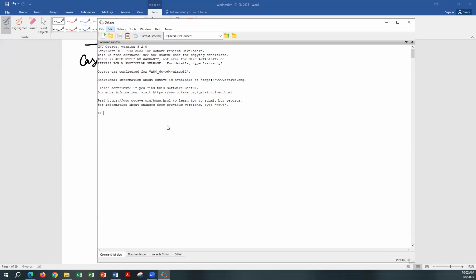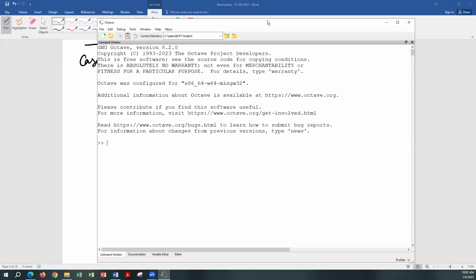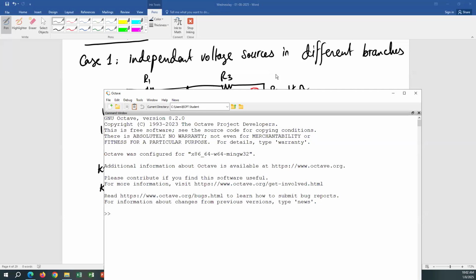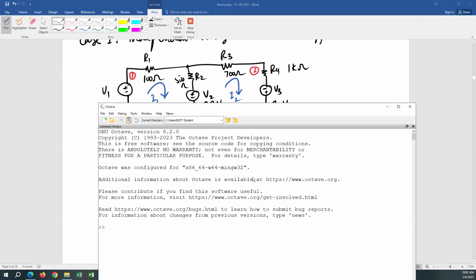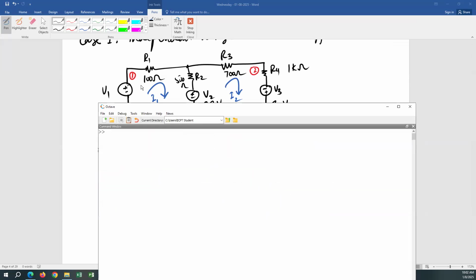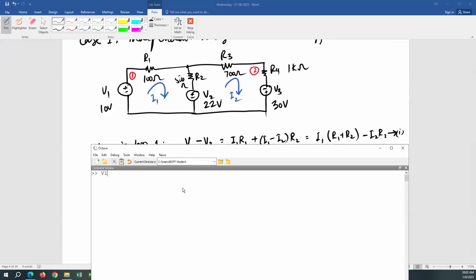Let's increase the font size so everyone can see easily. All right, let's put down the values first. So V1, and I want you to work with me here.